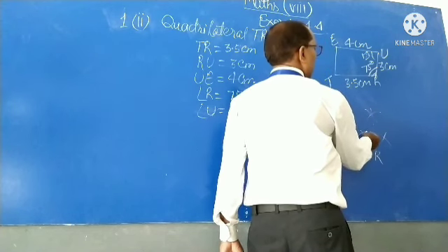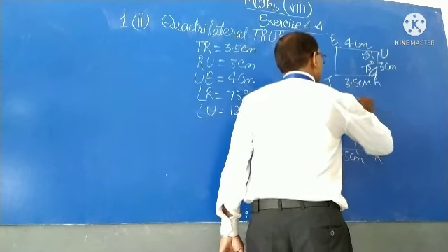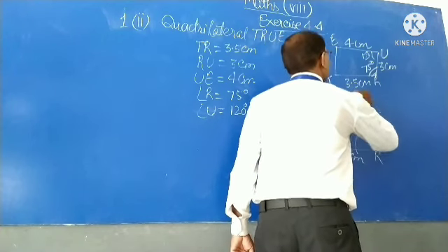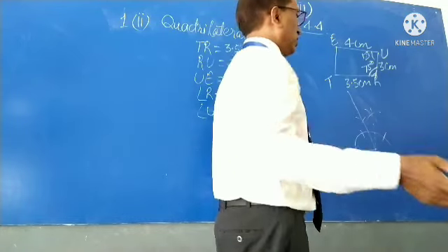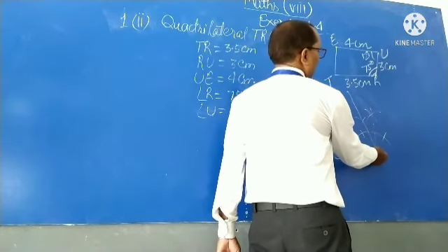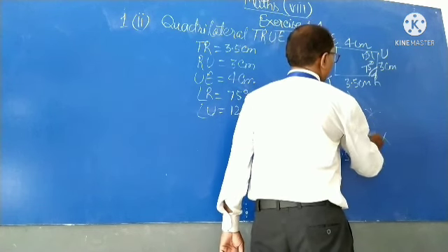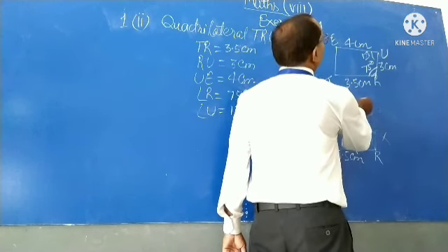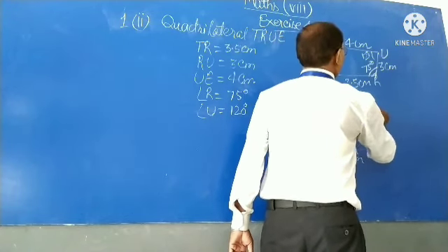Then you bisect 60 to 90, you get 75 degree. Then you take 3 centimeter distance in your compass and cut an arc from this 75 degree angle arc like this. That's point U, 3 centimeter.